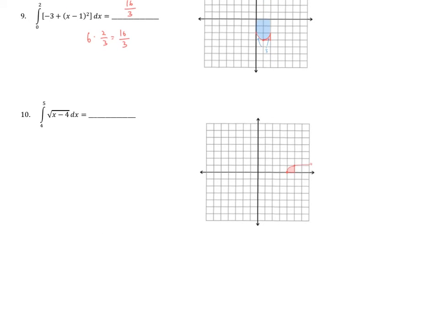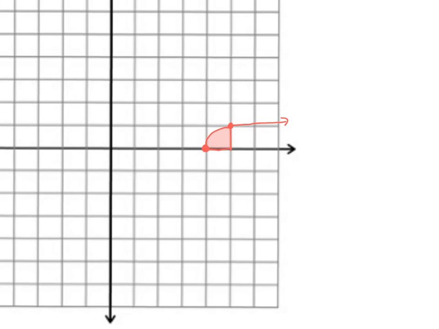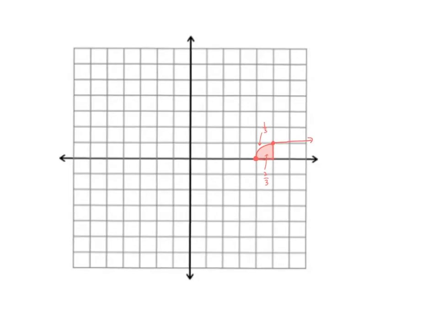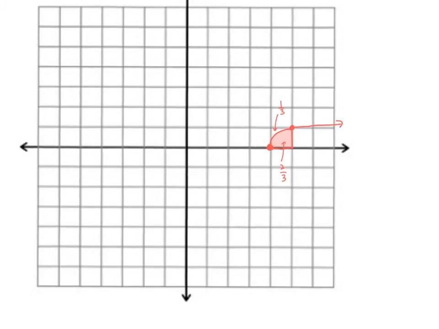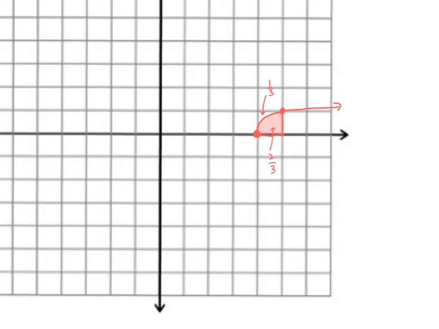Okay, so do you notice that this area here is 1/3, which means that this area is 2/3. And you can see, because square root and squares are inverses of each other, this would be a parabola facing to the right.